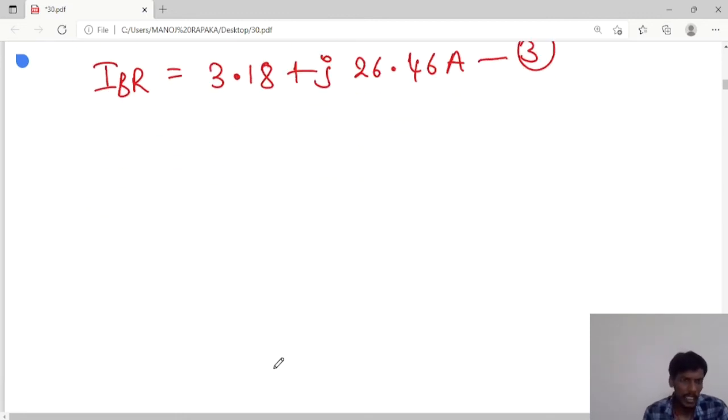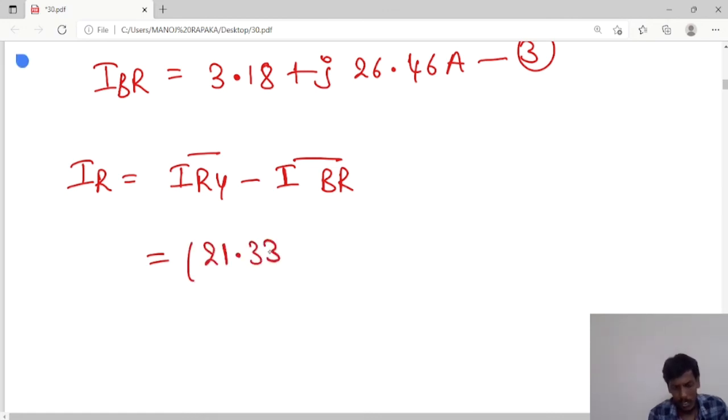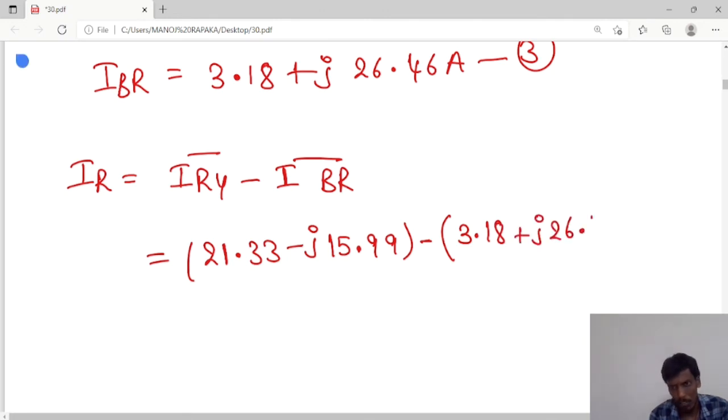Next, the line currents. IR equals IRY minus IBR. IRY is 21.33 minus j15.99, and IBR is 3.18 plus j26.46.